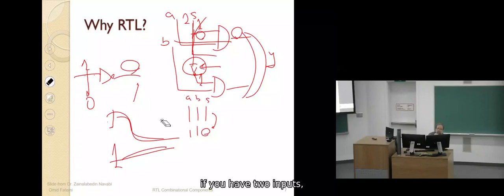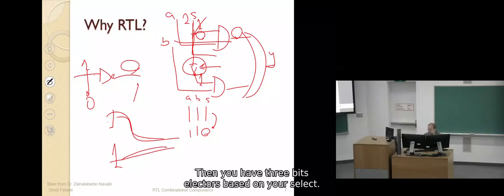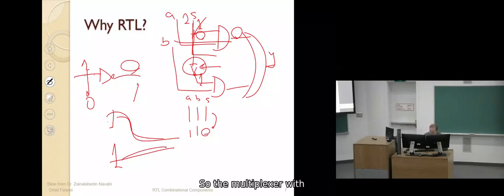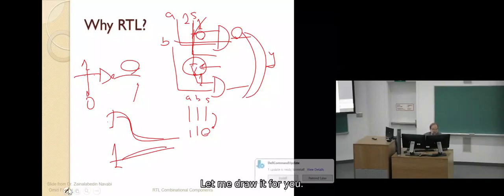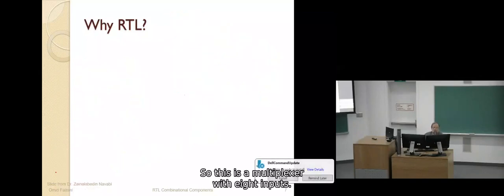If you have two inputs, then one bit. With 8 inputs, then you have 3 bits, a 3-bit selector, which decides which input to take based on your select. So a multiplexer with 8 inputs is something like that. Let me draw it for you.